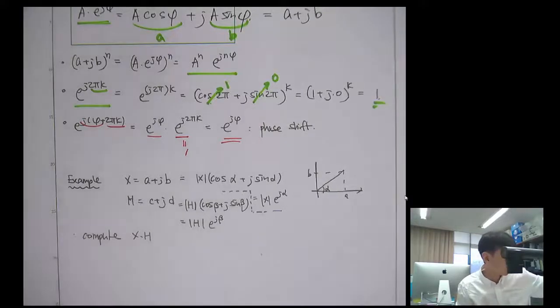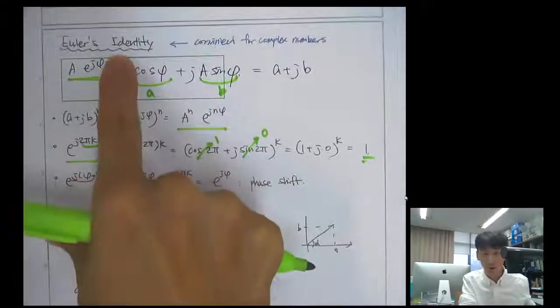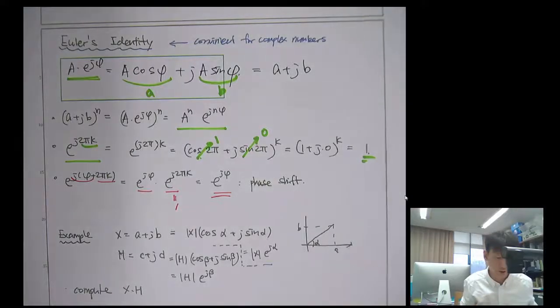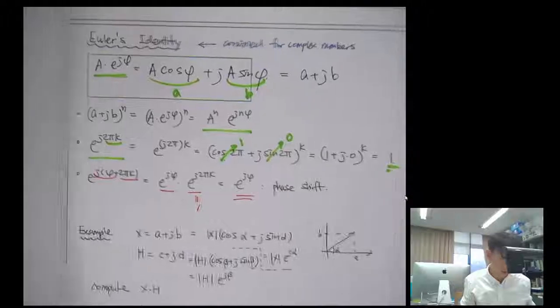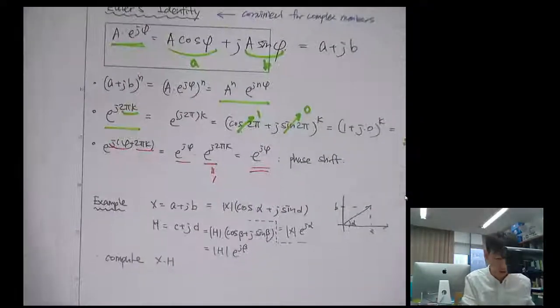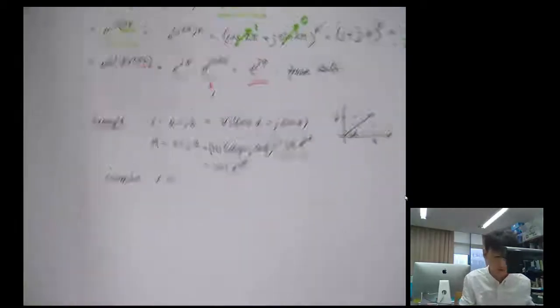Using this trigonometric relation and Euler's identity, it's more convenient and easier to deal with these complex numbers and the signal too. This example we're going to do together in class.